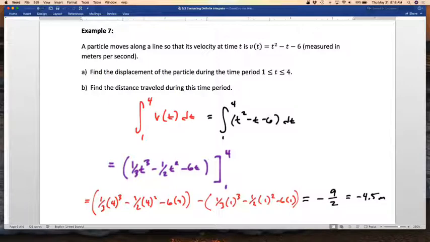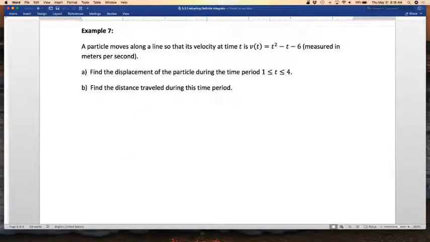And when we look at our velocity, that kind of bears out. So consider this. The velocity being t squared minus t minus 6 factors into t minus 3, t plus 2. So it changes direction at a couple of points.